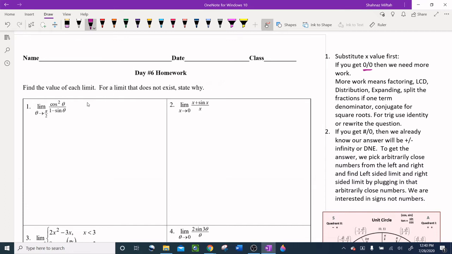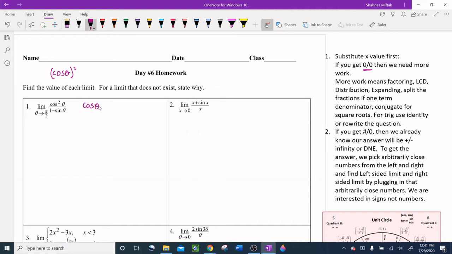If you remember, cosine square theta means that when the square is on the trig, you rewrite it like cosine theta whole squared. That's what it means.